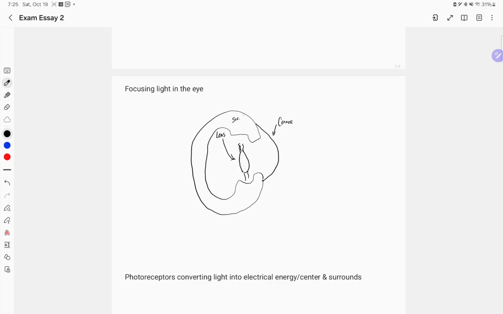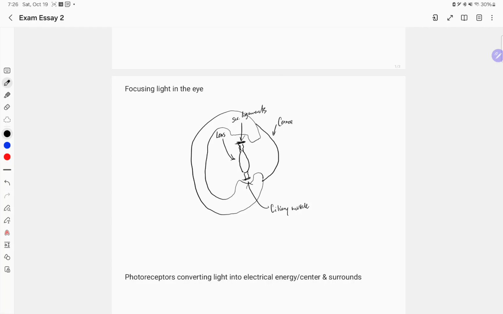Suspensory ligaments here. And then you'd have kind of your ciliary muscle here.